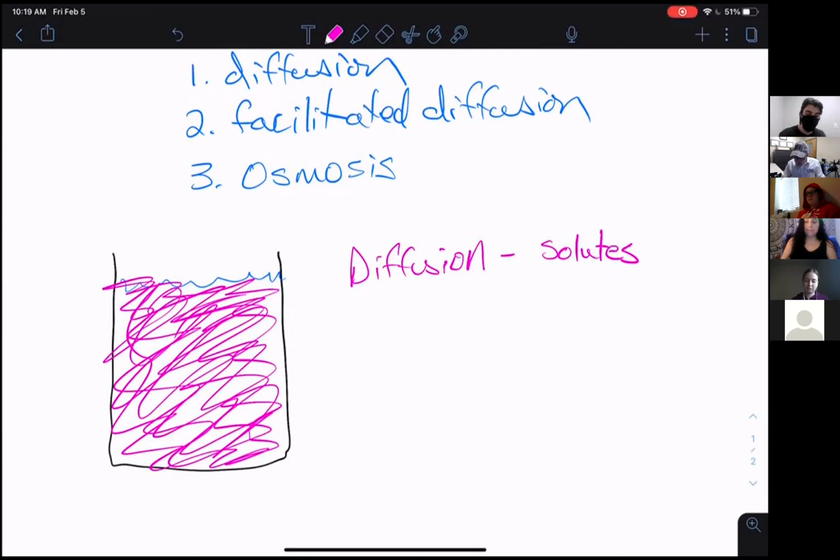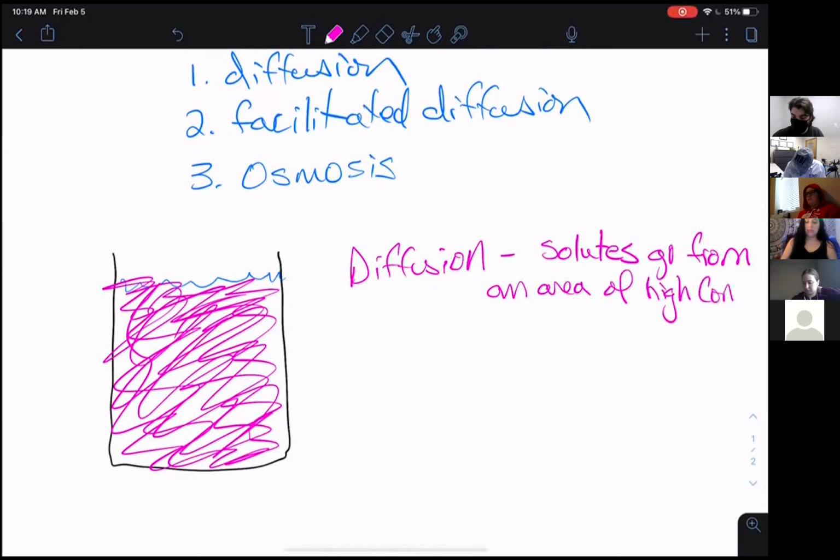So diffusion is when solutes go from an area of high concentration to low concentration. I don't have enough room to write the whole word, high concentration to low concentration, okay?